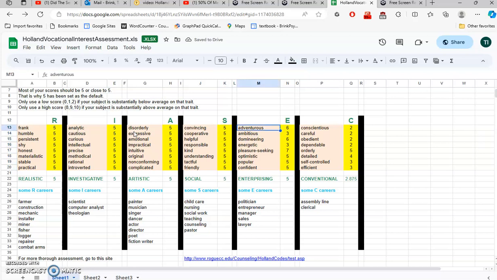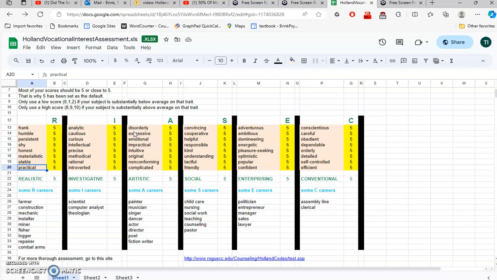So when you get to this file, you should find that all of the numbers are at 5. That's what you're going to download. And then after you've downloaded the file and you've opened it either in Excel or in Google Docs spreadsheets, you're going to modify the numbers in your assessment of the specific individual, whether that be yourself or Homer Simpson.